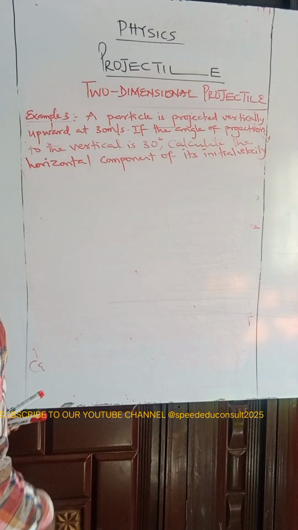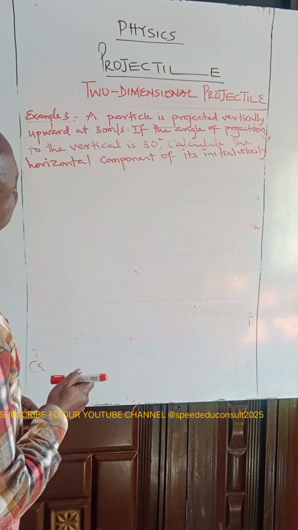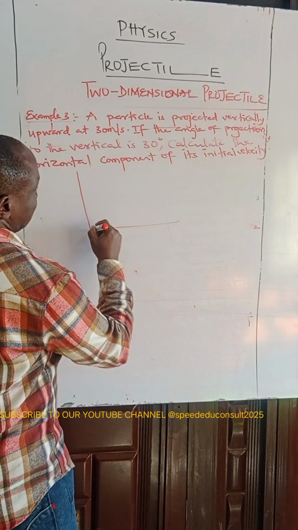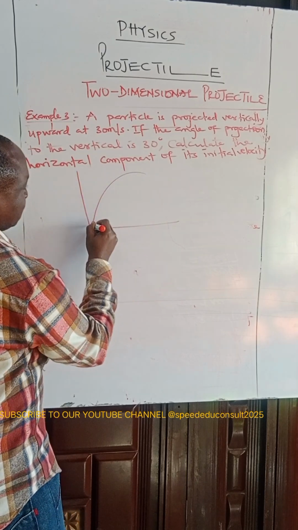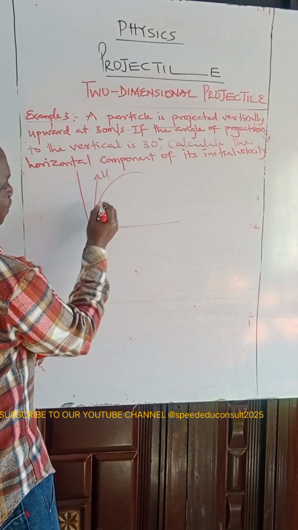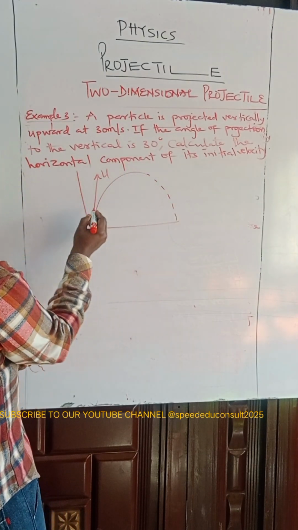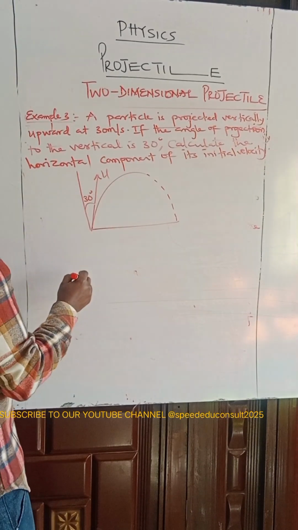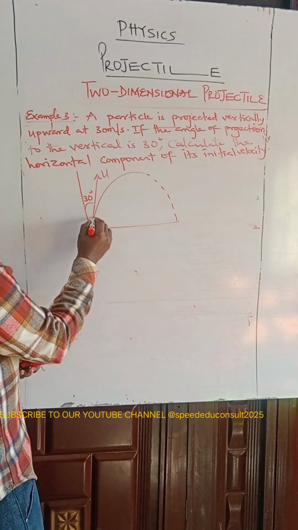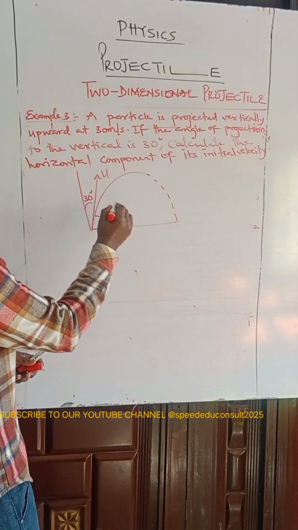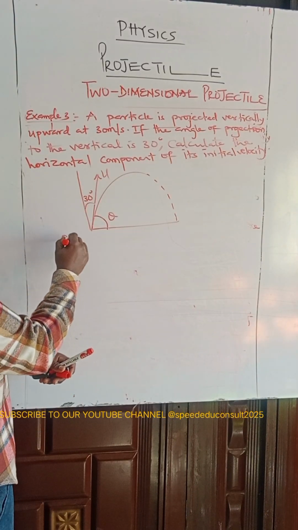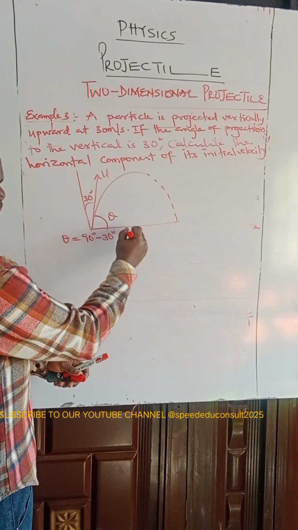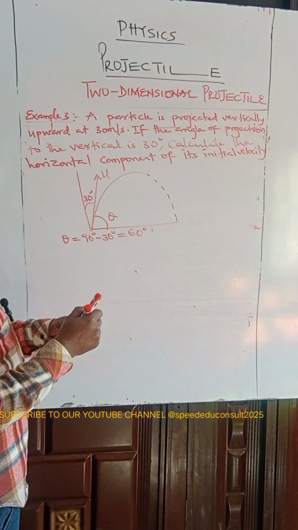So what we normally do here, when something is projected, like this, then this is the initial velocity here. They say to the vertical, that is 30 degrees. So it means this is not the angle theta, this is angle theta to the horizontal. Definitely you have to find theta now to be equal to 90 degrees minus 30 degrees, which gives 60 degrees.